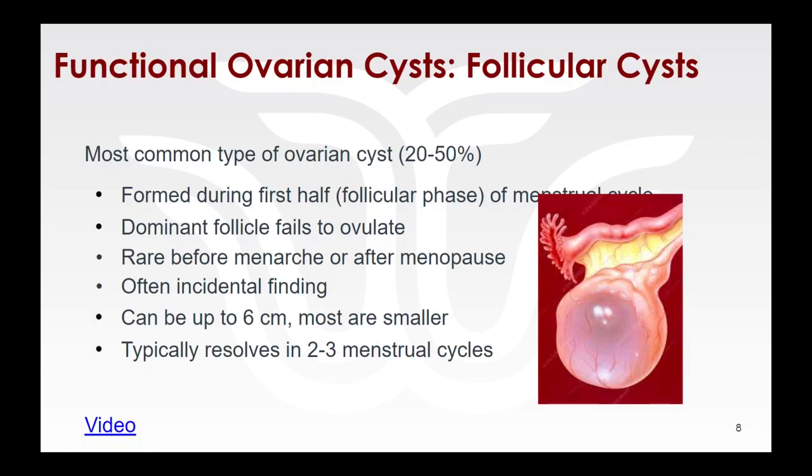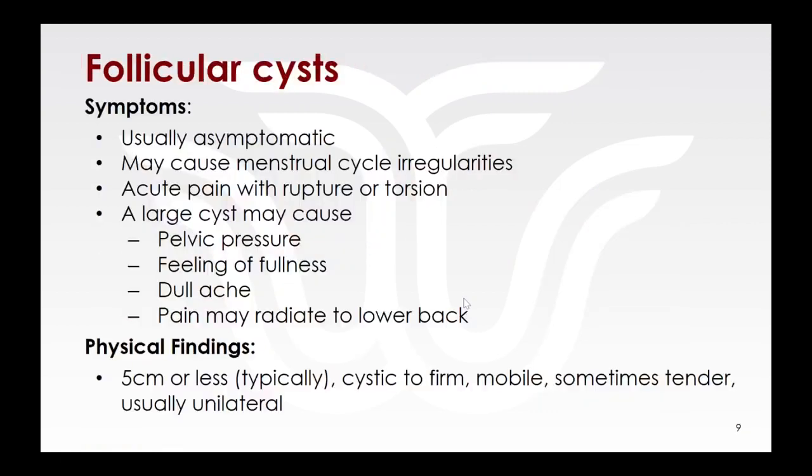Most are pretty small. They can be up to 6 centimeters and still be not worrisome. And they usually go away on their own. And this is a video here regarding follicular cysts. Symptoms, they are often asymptomatic.